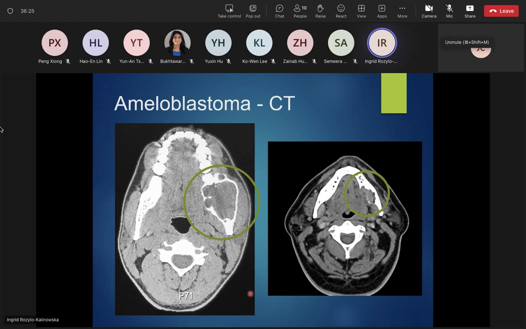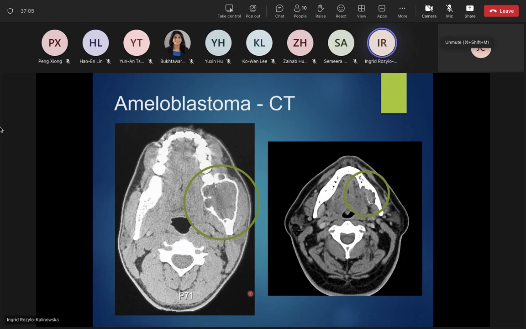And in case of ameloblastoma or another tumor of odontogenic origin, that tumor will produce the appearance of soft tissue inside the tumor in diagnostic imaging studies. And in case of contrast enhancement, a cyst will enhance only on the periphery, and the tumor will also enhance inside.